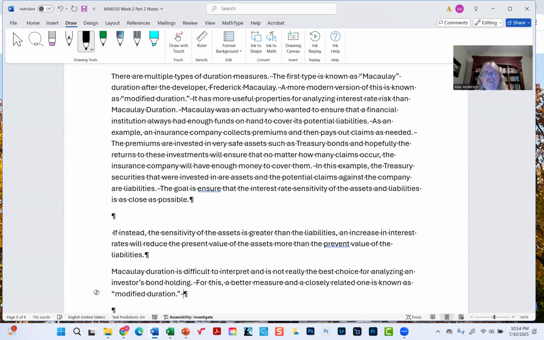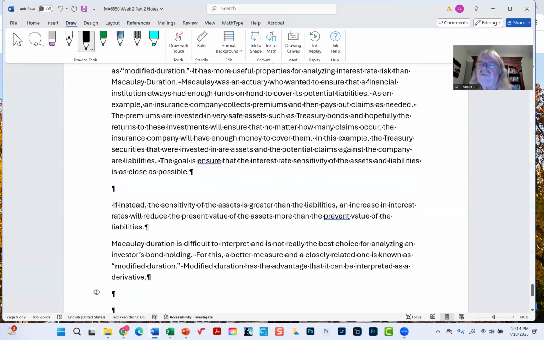But modified duration has the advantage that it can be interpreted as a derivative. In other words, well, we'll see when we get to the definition. A calculus derivative, I mean, not a financial derivative, a calculus derivative.